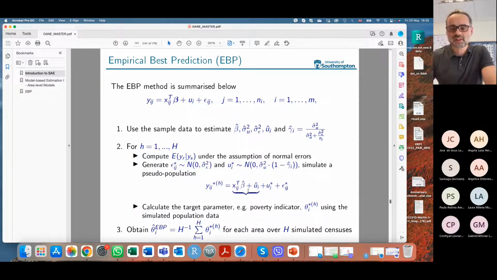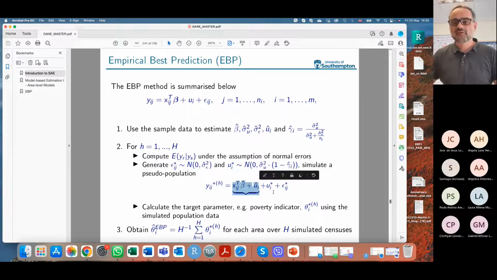So basically that is my conditional expectation. So y_ir given y_is follows a normal distribution with this mean and that variance, and it is calculated by generating error terms according to these expressions up here.